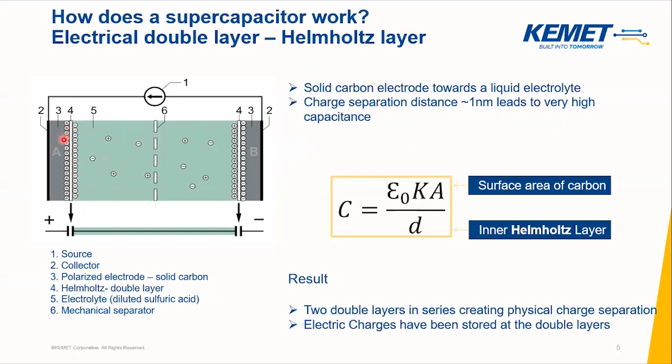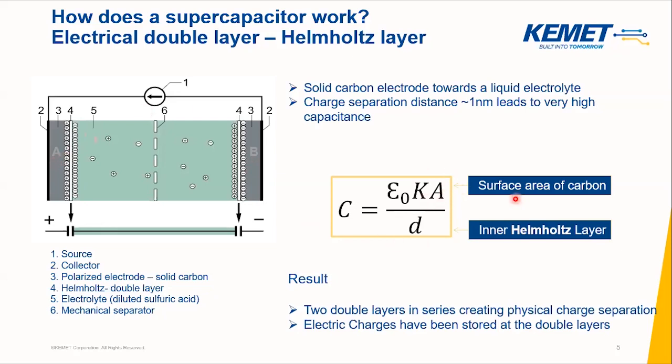This separation distance is very thin, around 1 nanometer, which leads to a very high capacitance. Another parameter is the porous property of these carbon electrodes, which the ions penetrate into. Through the absorption and desorption of that, it generates these layers, and that also causes a high surface area.